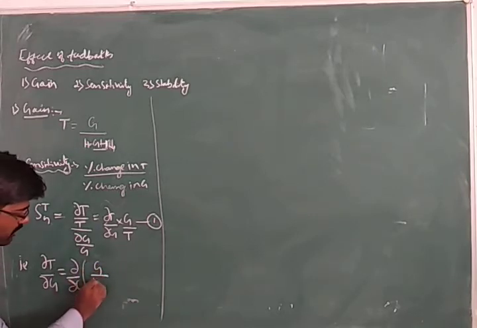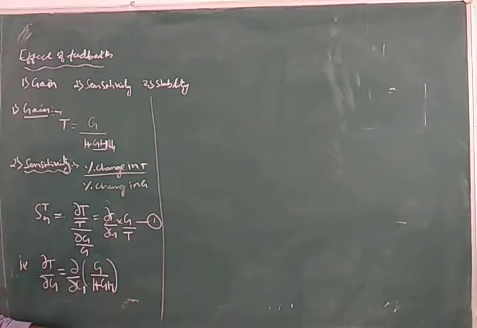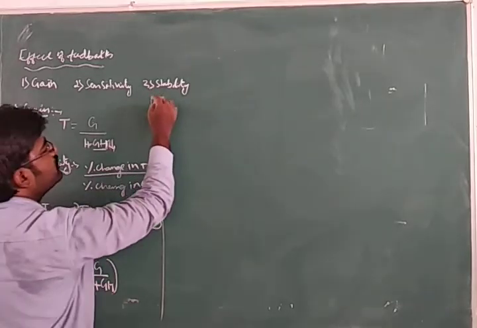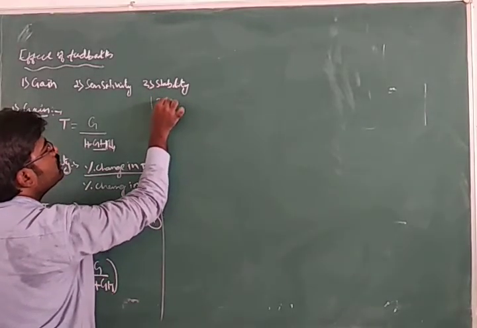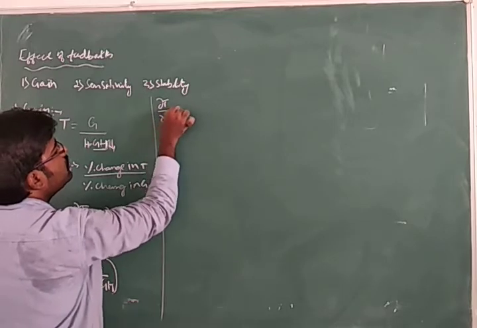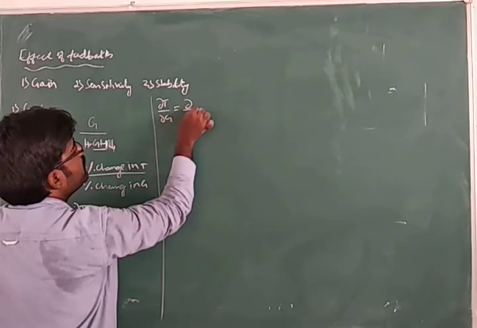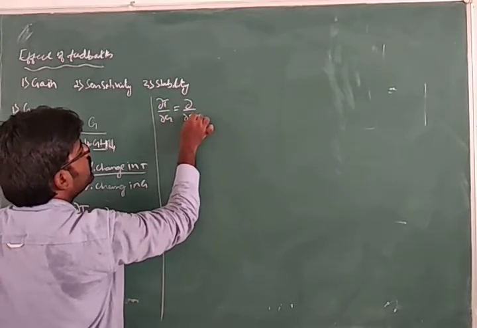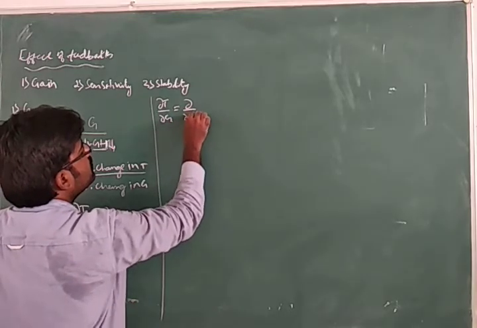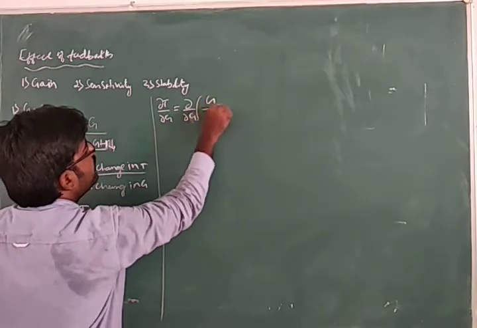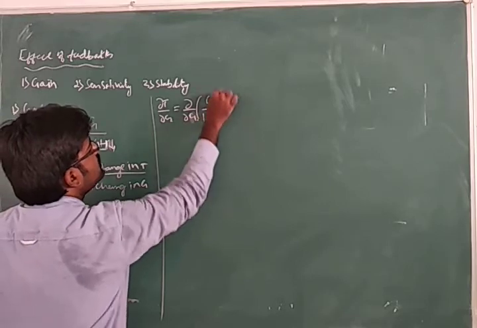Now do the differentiation with respect to G. Dou T by dou G is equal to dou by dou G of G divided by 1 plus GH.